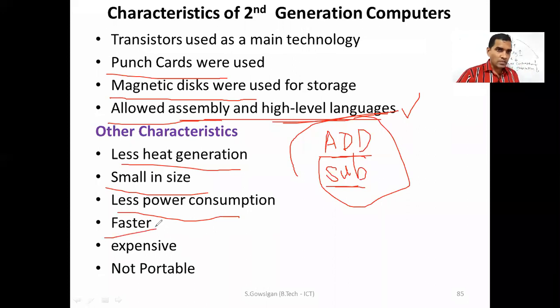Faster, not fastest, faster than the first generation. Expensive, right? Maybe you can even say less expensive than the first generation, but I put it as expensive because even in the second generation computers were very expensive. So I put it directly. Not portable, right? Yes, it is also not portable because they were very large.